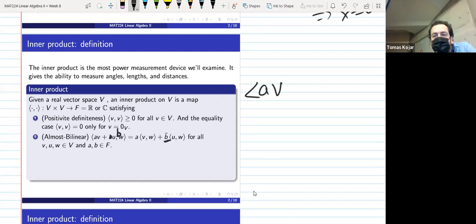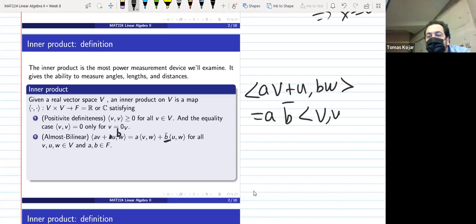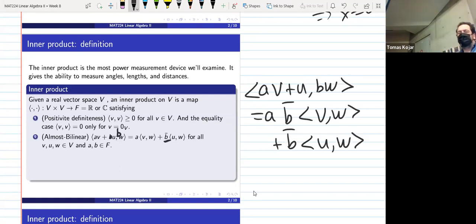I have av + u and bw, and the linearity statement is a times B(v, w) and then b conjugate times B(u, w). So in other words, you only have linearity on the first slot.